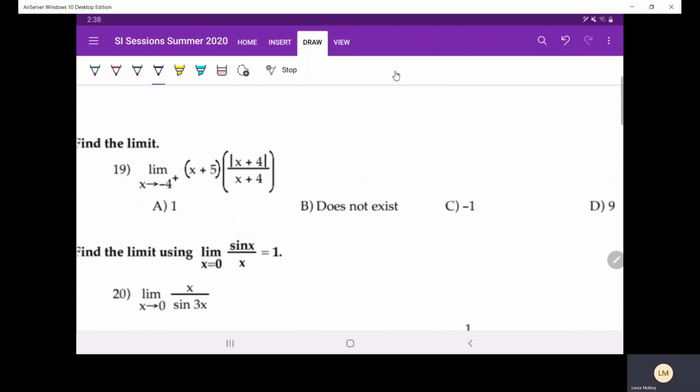Find the limit. So as x approaches -4 from the right, so you have -4 plus, the plus means slightly larger than -4, times -4 plus 4 over x plus 4. And that's wrong too.